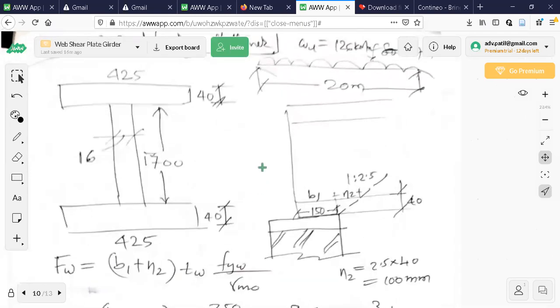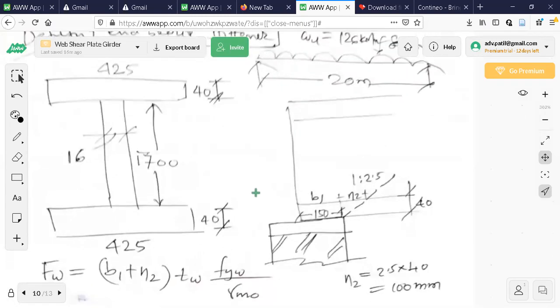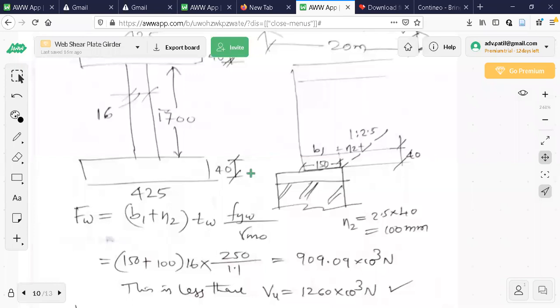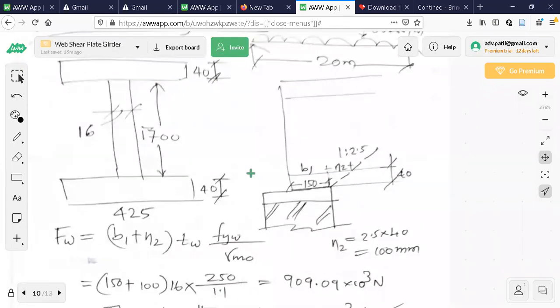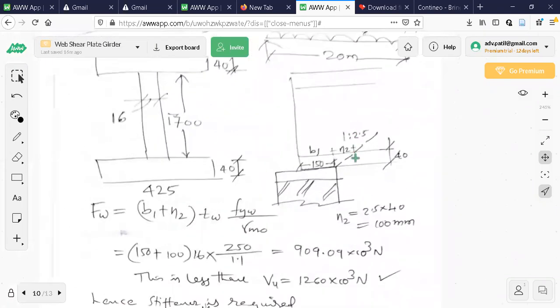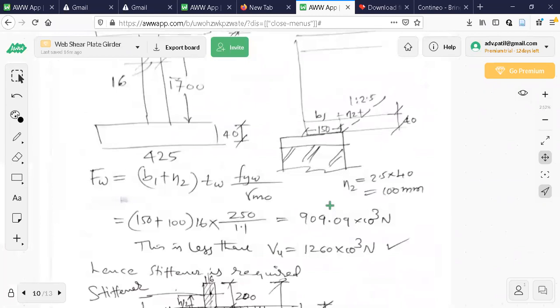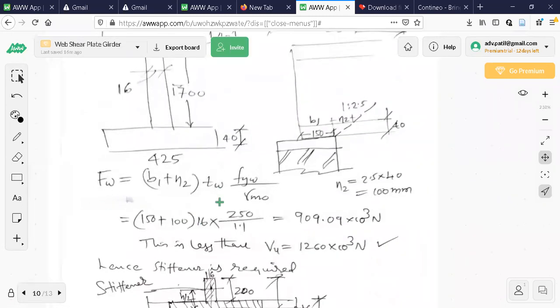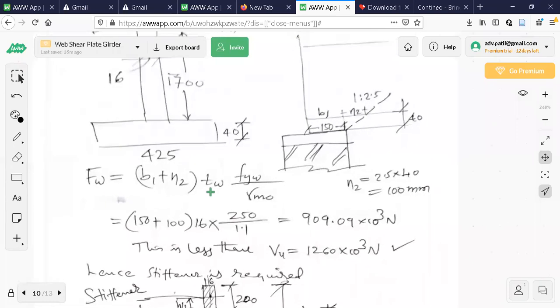Directly I am concentrating on end bearing stiffeners. When do we say that I have to design an end bearing stiffener? When does the condition arise? In the previous classes I calculated the check for end shear.